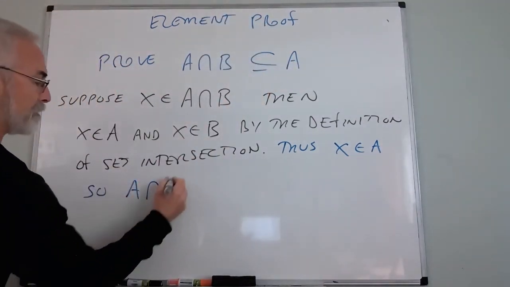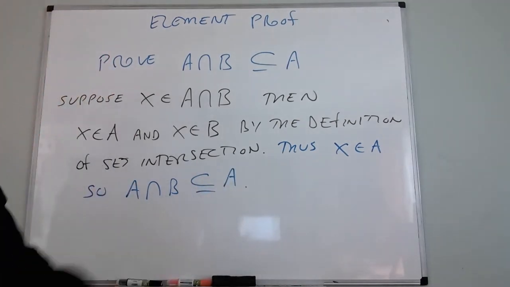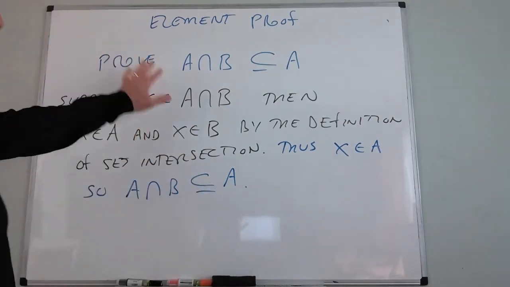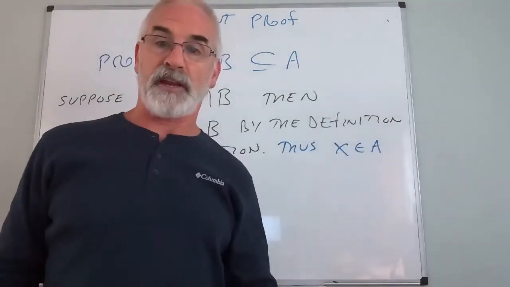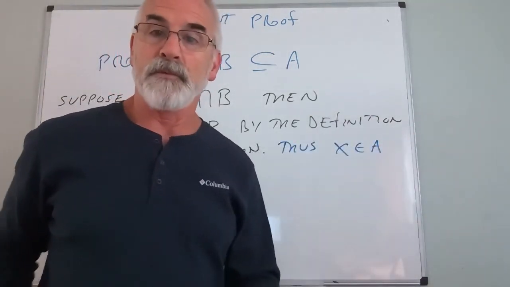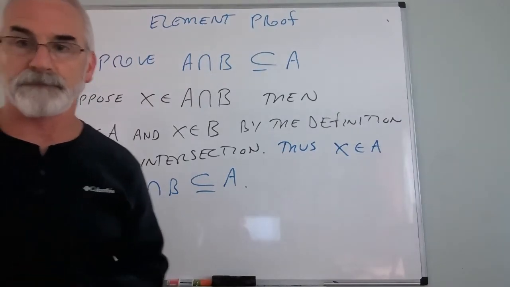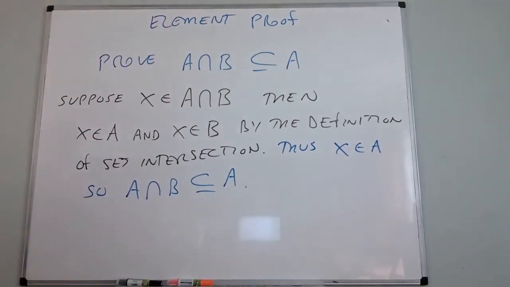So A intersect B is actually contained in A. Now, this was rather trivial and we already knew it's true. That's not the point. It's how do I start the problem? I start with x being an element of the first set and showing that guarantees it's an element of the second. That's how you get set containment. When there's more going on, that process can be a little bit complicated. Okay, now that was fairly simple.